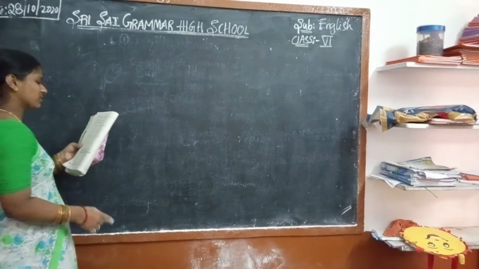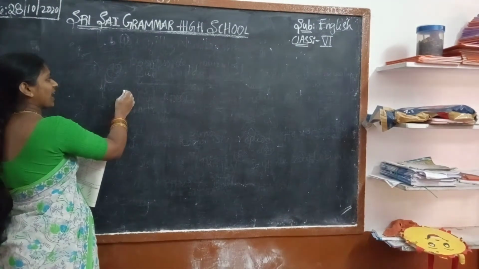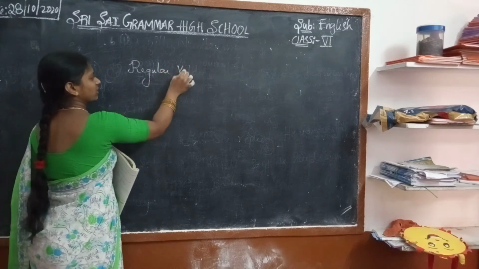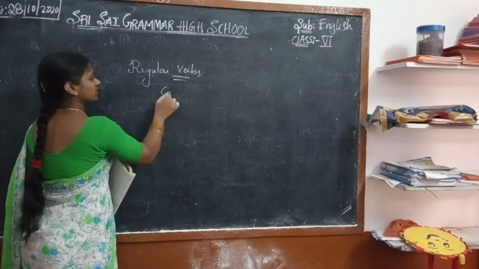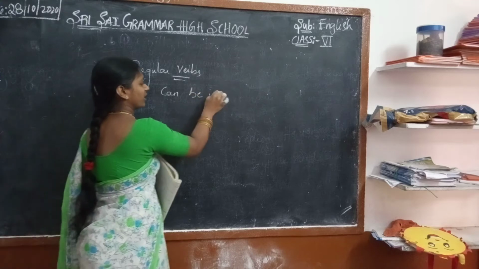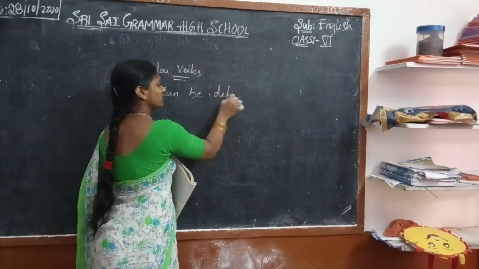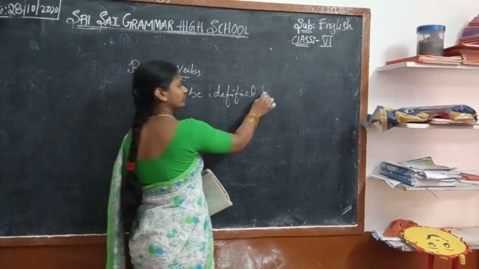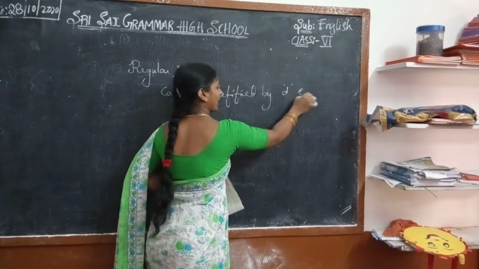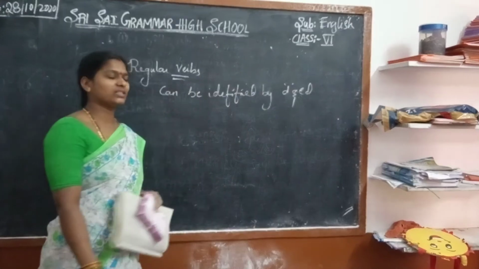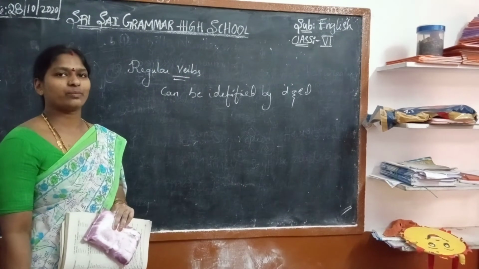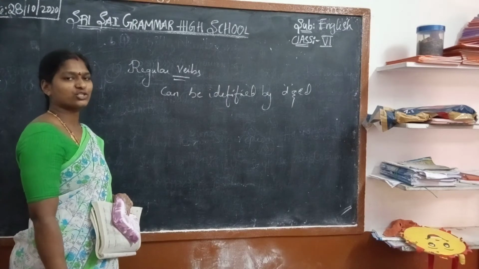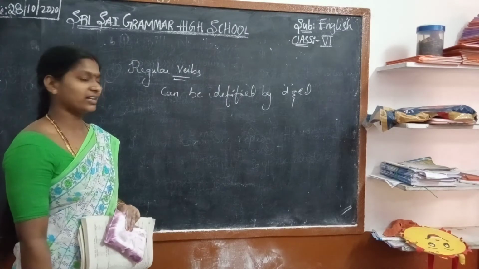Regular verbs can be easily identified. How? They end with d or ed. So that is said to be a regular form.